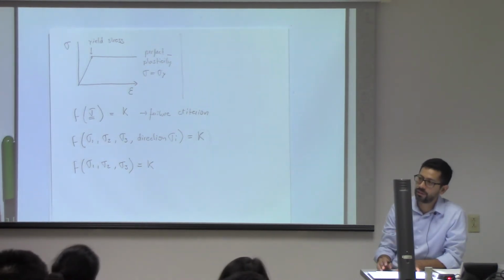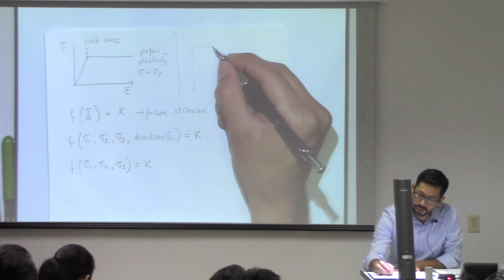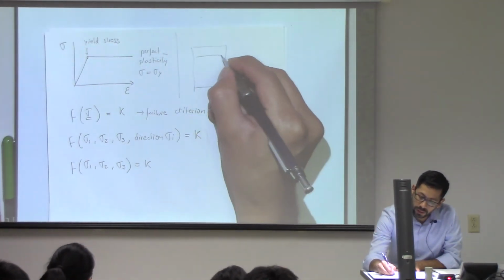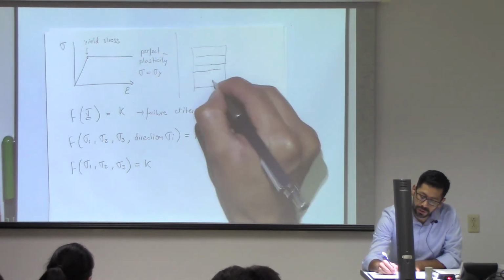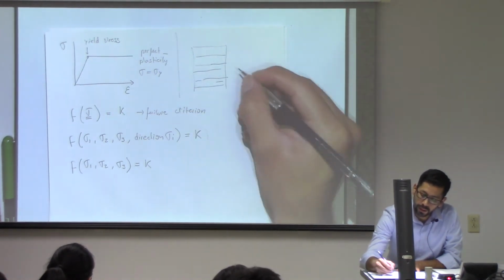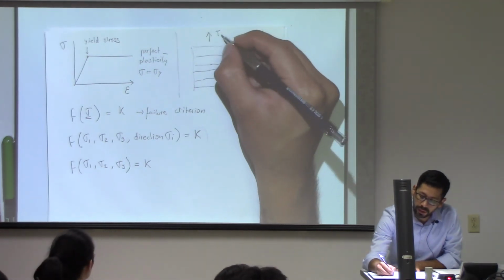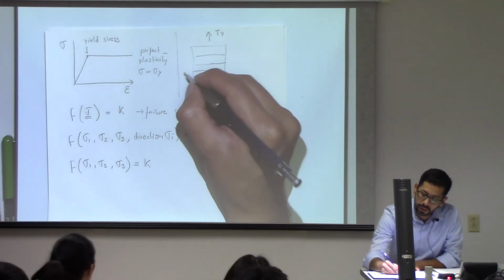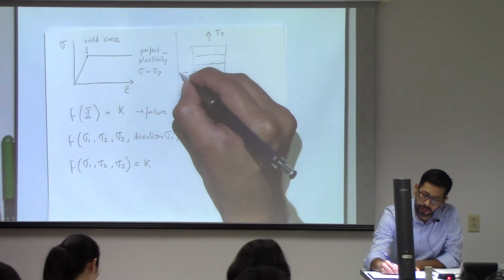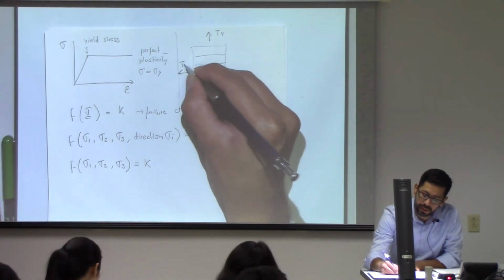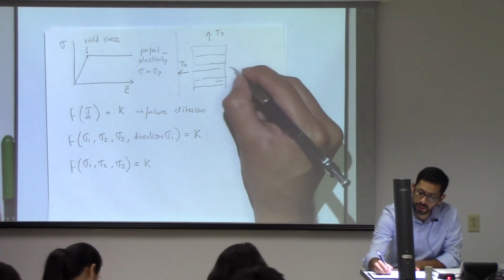Isotropic material. Very well. If your material, like most rocks, is anisotropic, then, for example, the tensile strength in direction y is not going to be the same as the tensile strength in direction x.